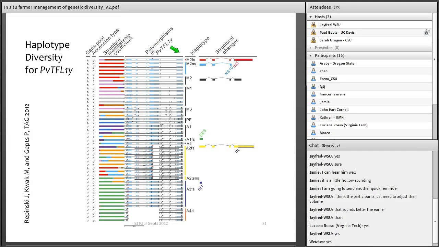So let me explain first, what is determinacy? The normal bean type is indeterminate. And indeterminate means that they continue producing leaves and inflorescences until senescence. Basically, the growth pattern of plants is a modular one.